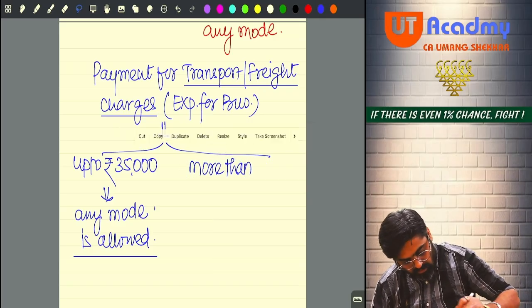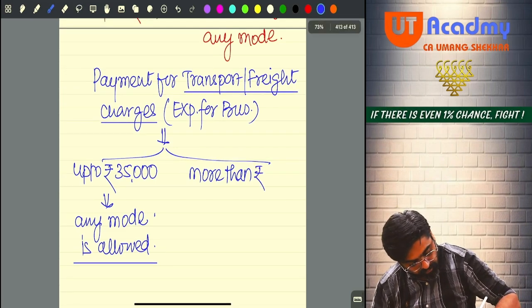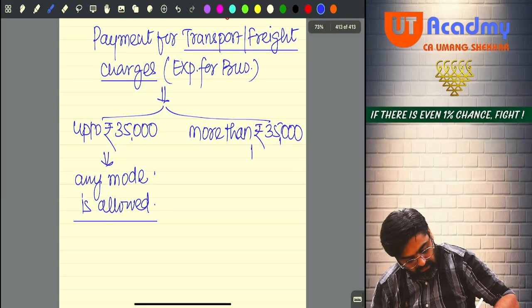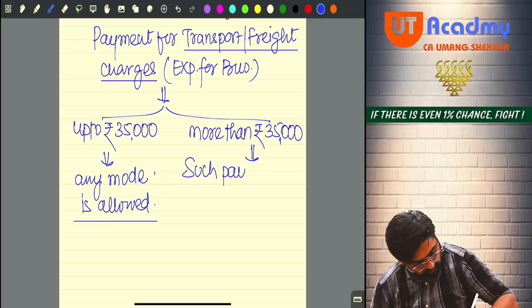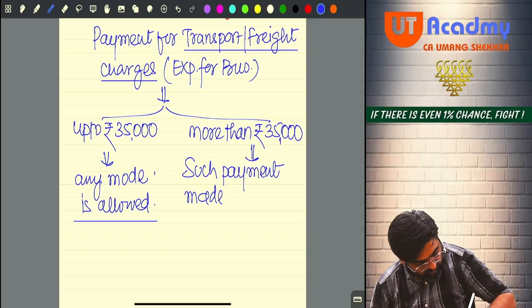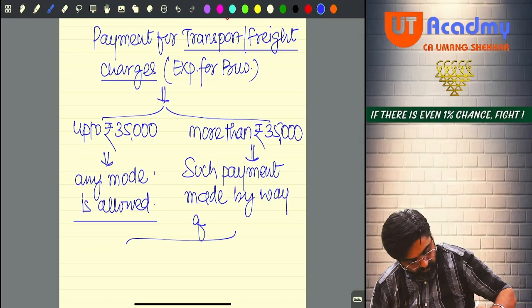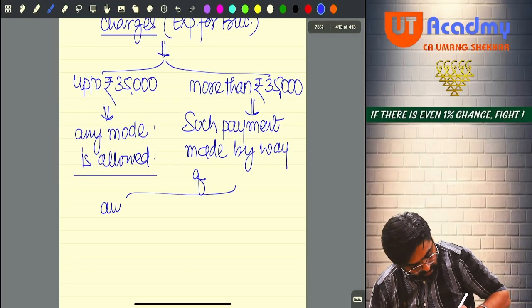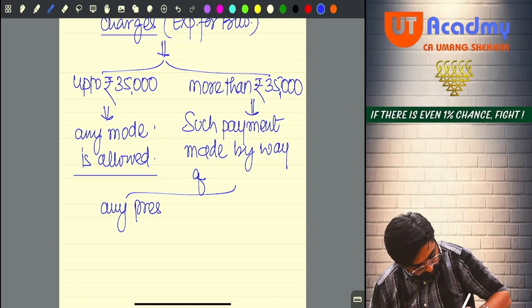So more than rupees 35,000, then such payment made by way of any prescribed modes, then it is allowed.